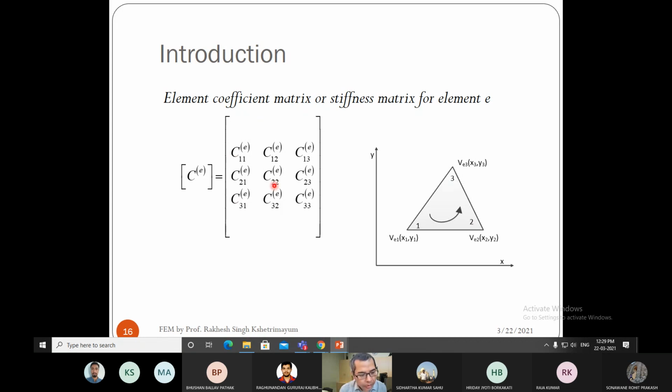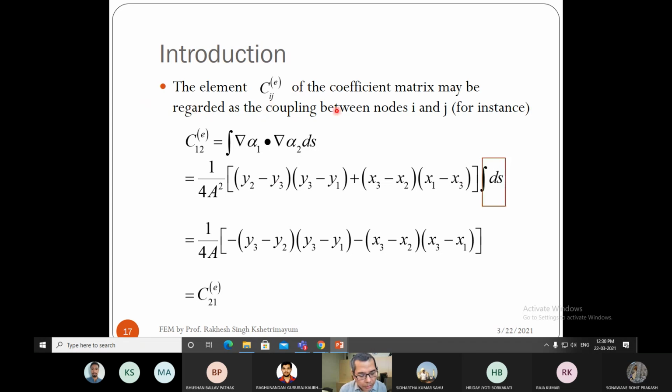So how do you do that? Let's see. That is from the definition. What is the definition? Cij is defined as the integration of del alpha i dot del alpha j ds. For example, if I want to find C12, it is the integration of del alpha 1 dot product with del alpha 2 ds. We have the expressions for alpha 1 and alpha 2 in one of the previous slides. They were dependent on both x and y, so you take del of that. Finally, what you get is this.